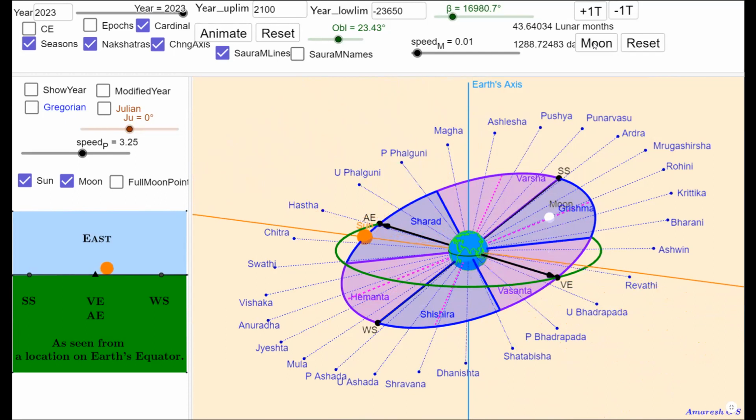Kartik. Margashirsha. Paush. Magh. Falgun. Chaitra.